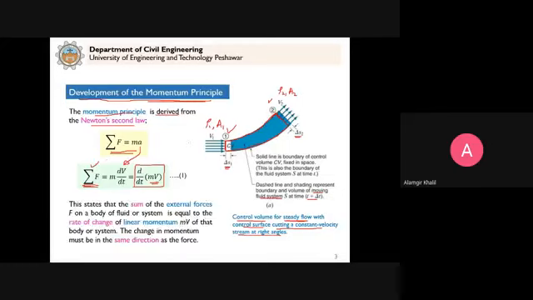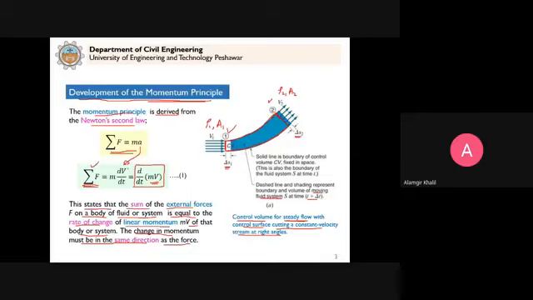So this equation states that the sum of the external forces on a body of fluid or system is equal to the rate of change of linear momentum of that body or system. It means the sum of external forces is equal to the rate of change of linear momentum. Clear? And the change in momentum must be in the same direction as the force.